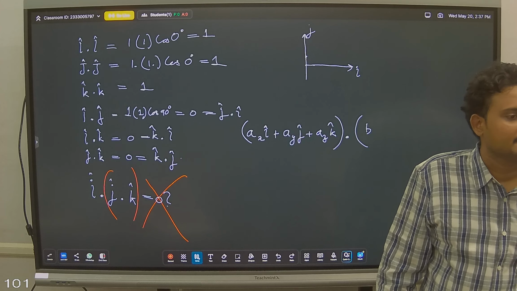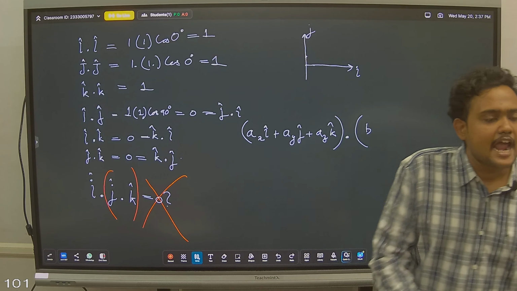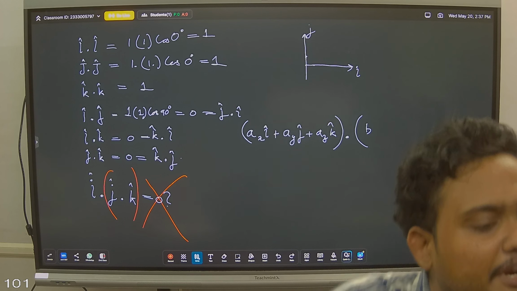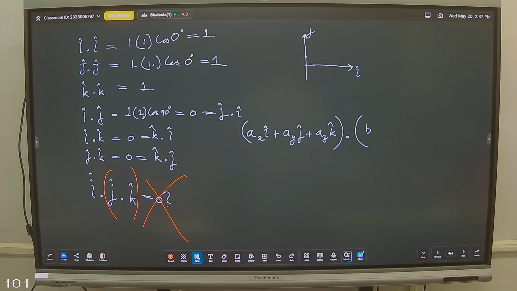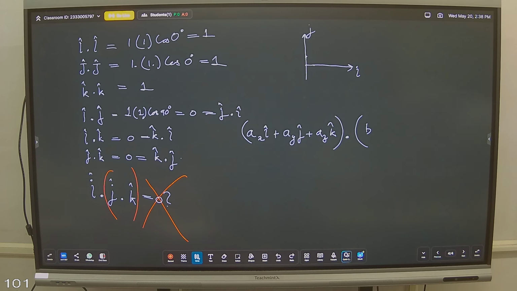Did you understand how this comes about? j dot k is a scalar. You cannot take dot product of a scalar and a vector. You can only take dot product of two vectors. Right? Did you understand? Because it is a dot product, right? Dot product always returns a scalar.